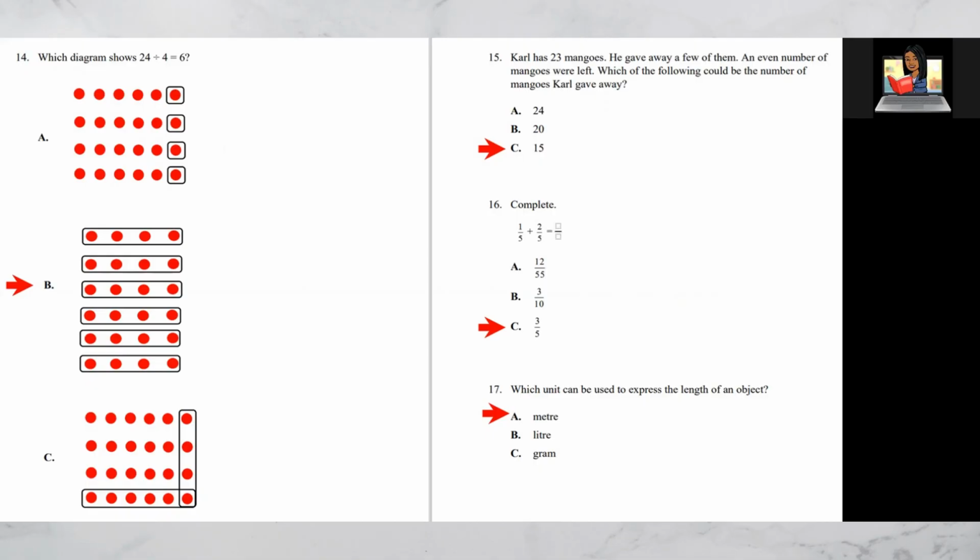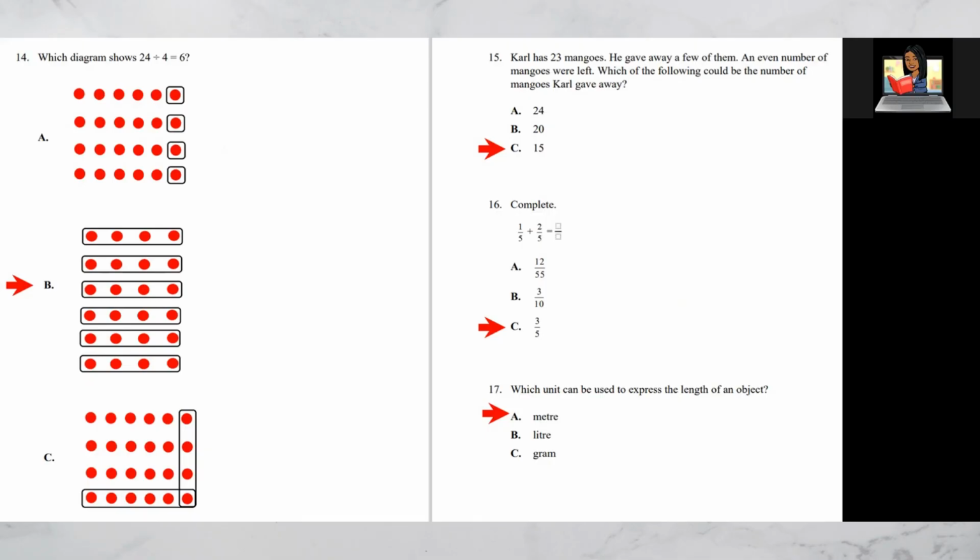So it cannot be option A. You can ignore option A. If he gave away 20 mangoes, then an even number would not be left because 23 minus 20 equals 3. So it can't be option A, it can't be option B. It has to be option C.